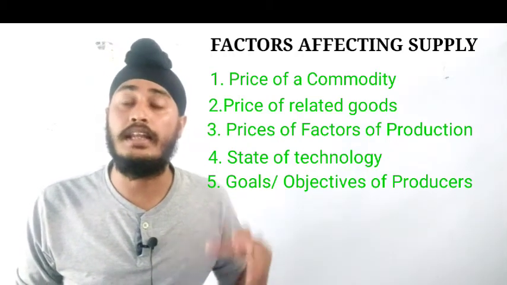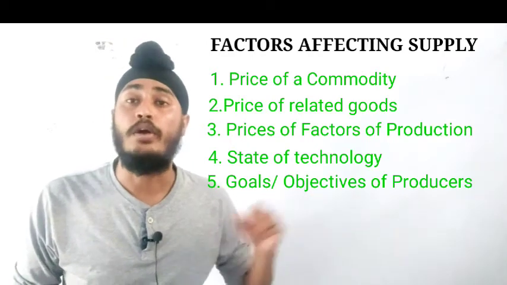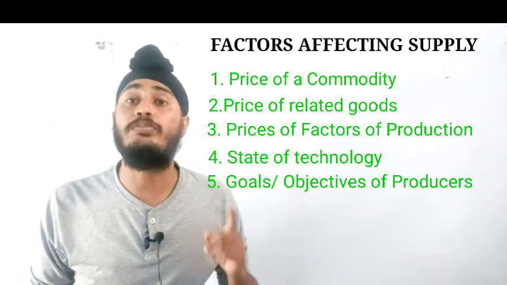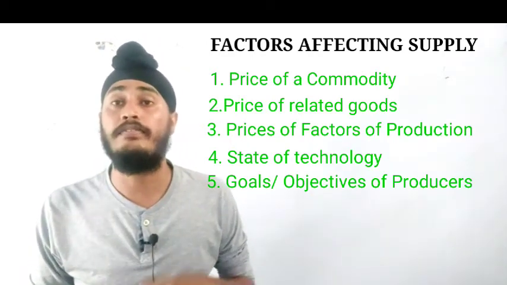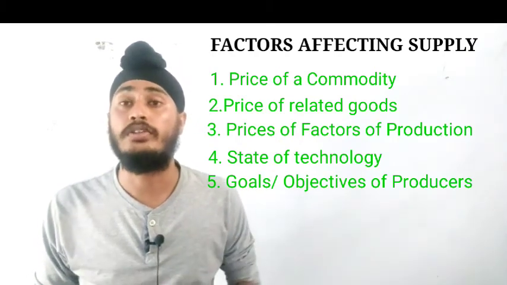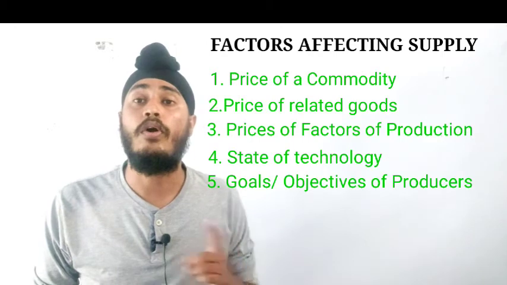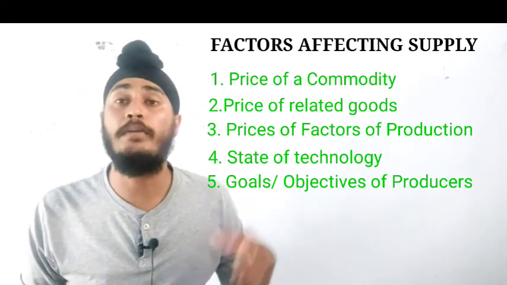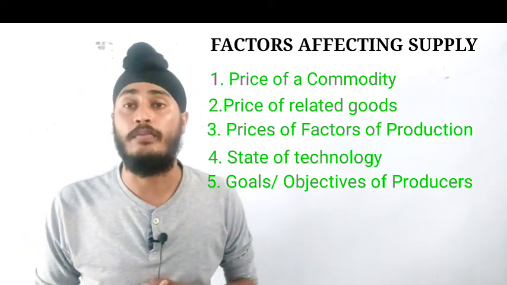So whether prices are low or high, the supply will be more. But if the objective is profit motive, they will supply more only at higher prices, which will give them higher revenue or profit.